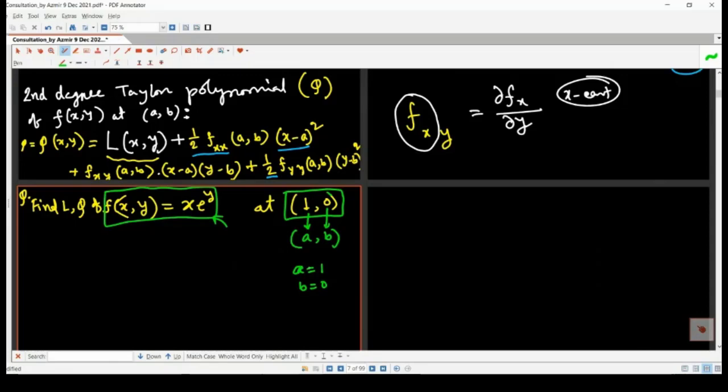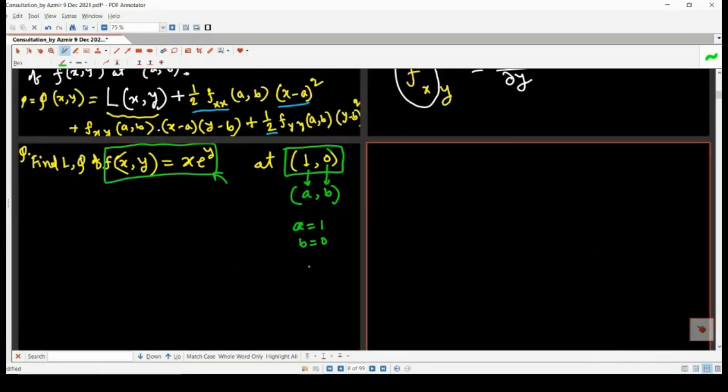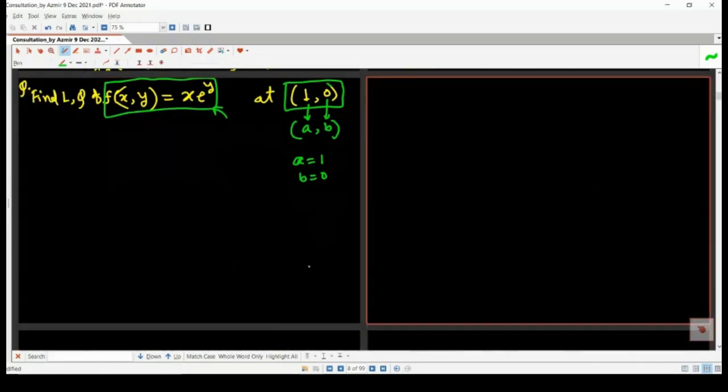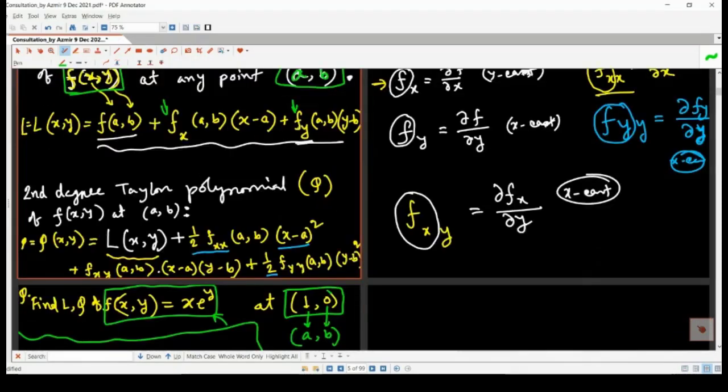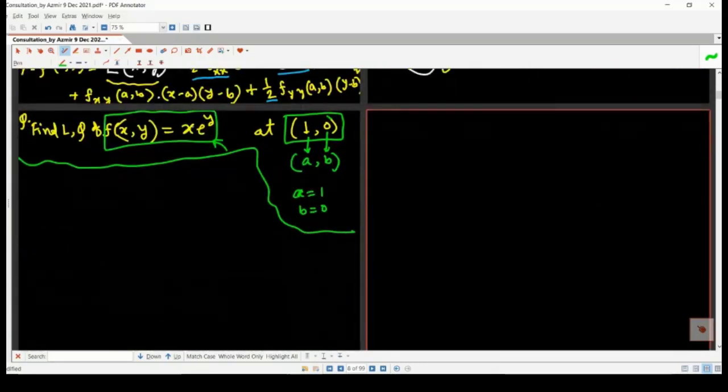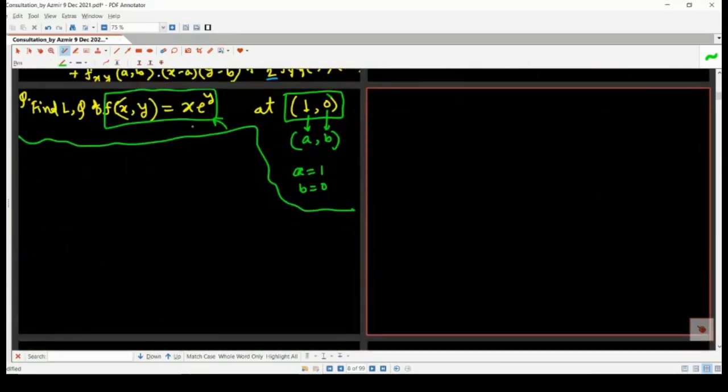So this is the information that we have already. Now let us try to find L and Q. You can see that inside L, you have f sub x and f sub y. So you have to find these functions at first. That means you have to find the partial derivatives.